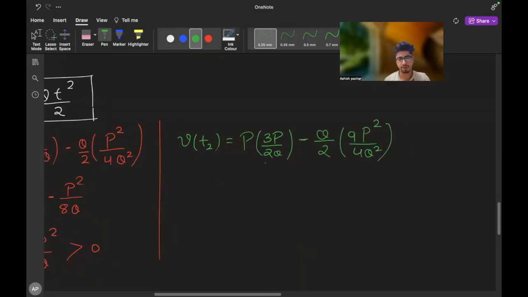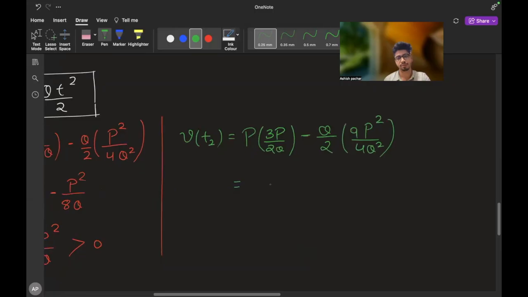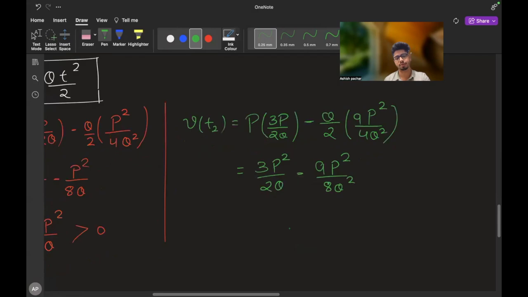If I calculate this way, 3p square by 2q minus 9p square by 8q square, so basically you have to multiply with 4.